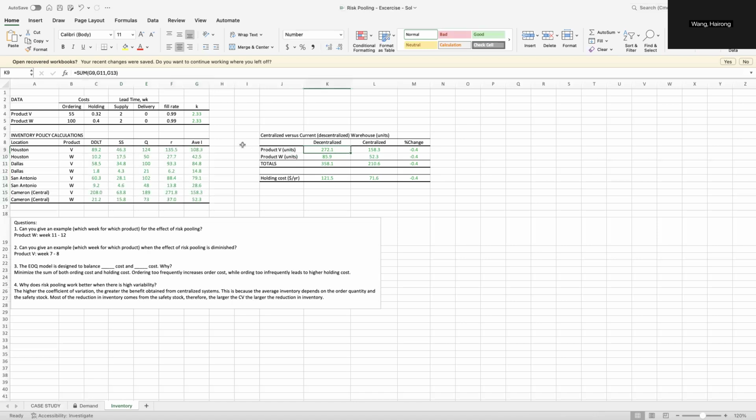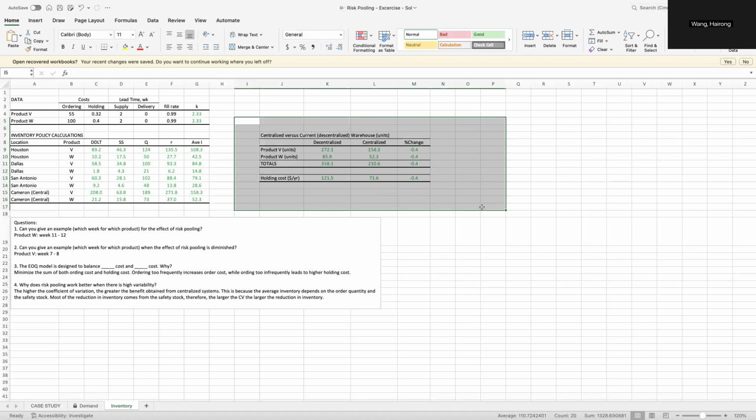So here, for this table, we can see that the goal is to compare decentralized and centralized warehouses for the inventory and the holding cost.